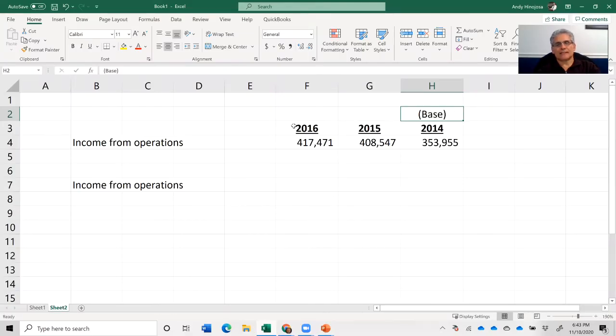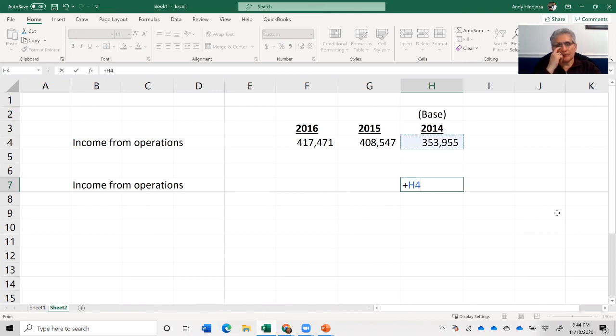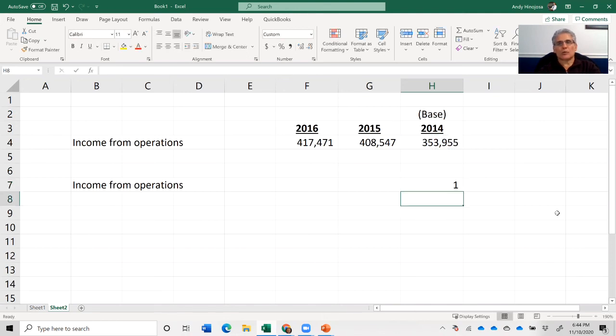2014, 15, and 16. We can go ahead and run the computations. 353,955,000 divided by, well, this is the base year, so we'll divide it by the base. It just happens to be the same number. That will give us 1, and as a percentage, to the nearest tenth of a percentage, is 100%.